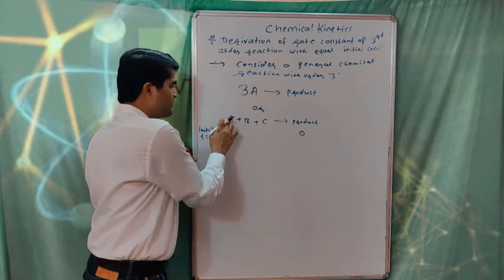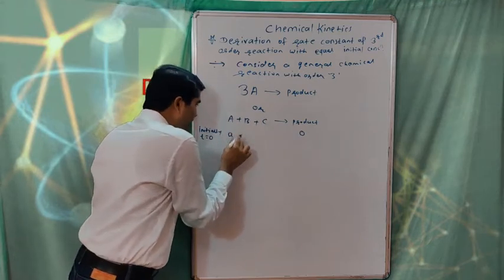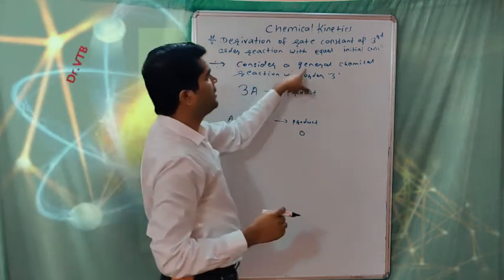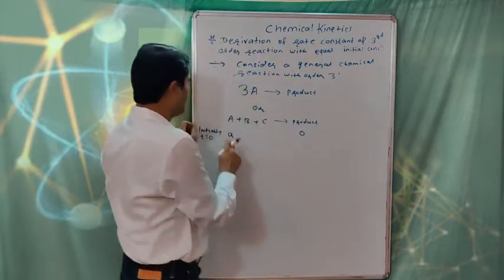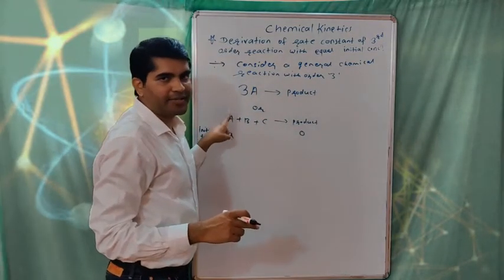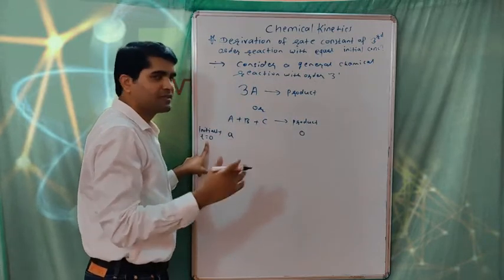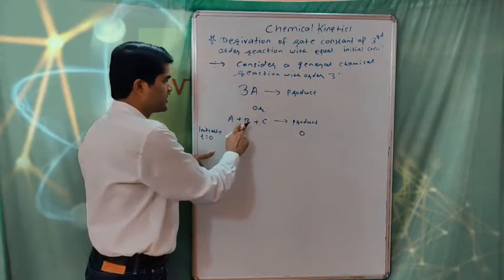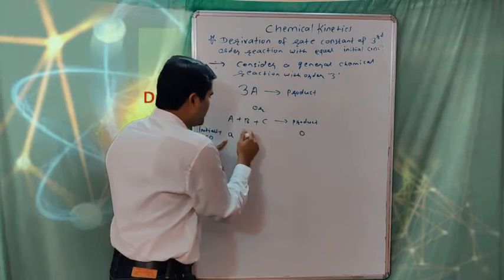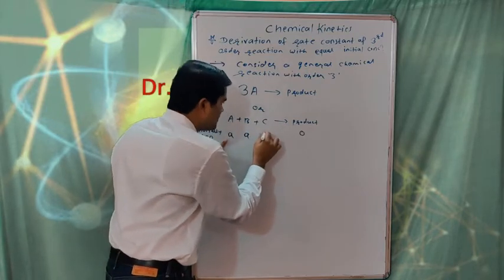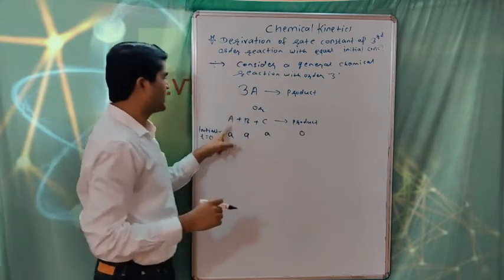Let the concentration of the reactant A be a, and it is equal initial concentration. So if concentration of reactant A is a at time 0, means initially, equal initial concentration means if this is a, then this should be a, this should be a. So all three are a.